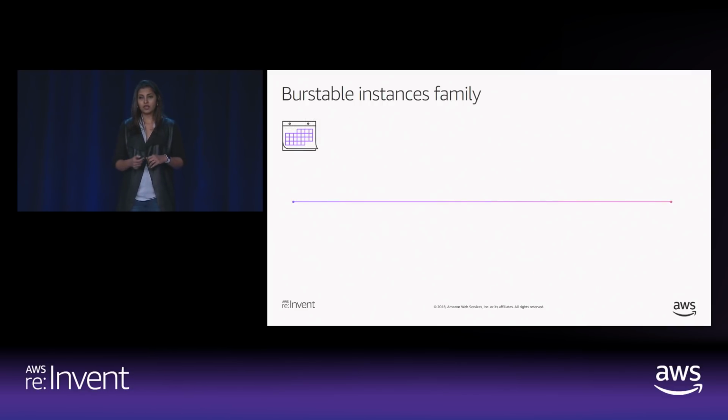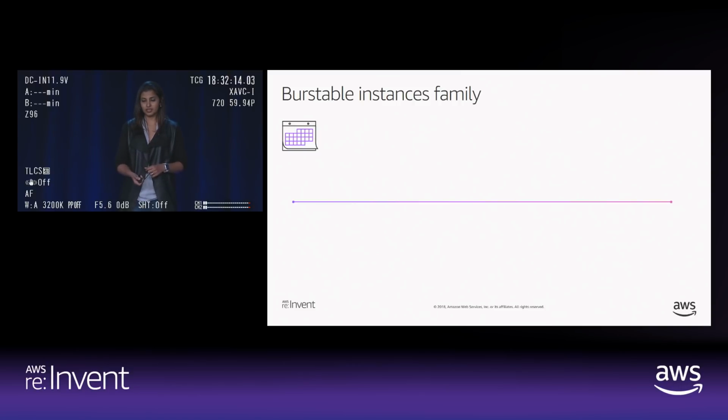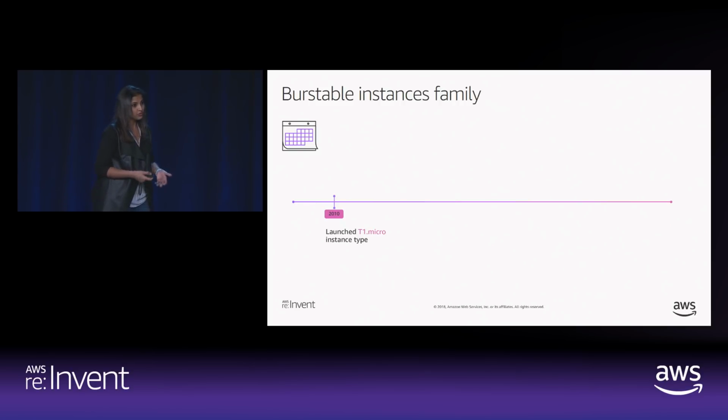As we continued on this journey, I want to show where we started. Back in 2010, we launched our first generation Burstable instance in one size, just a T1 Micro, to see how customers reacted and how the product worked. The T1 Micro was well received for microservices and hosting web servers. As customers started using Burstable instances, they asked for more sizes than just the Micro.